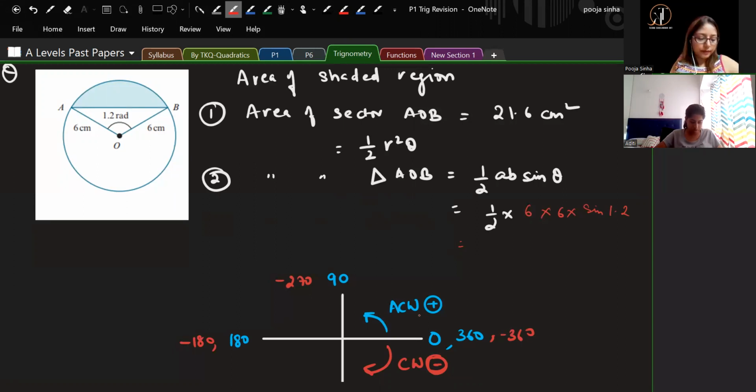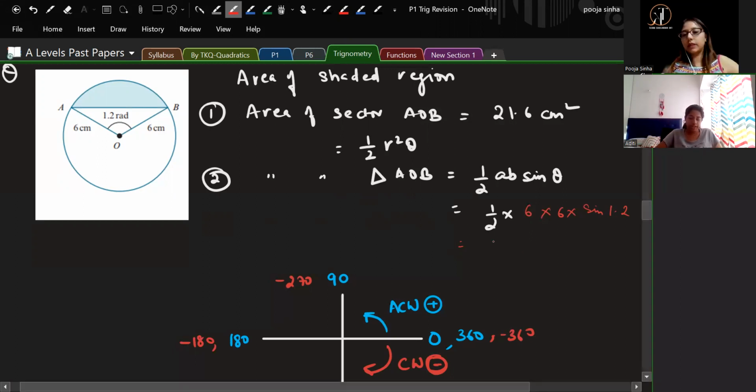Now I'm getting it. Sine 1.2 radians is coming, and multiplied by 36 upon 2, which is 18, I got 16.77 centimeters square.